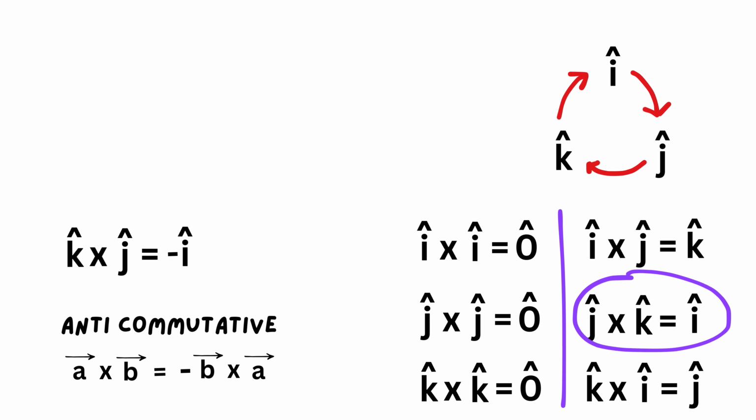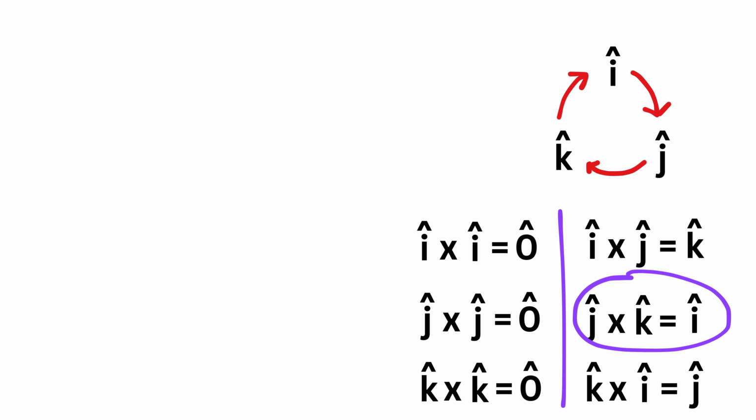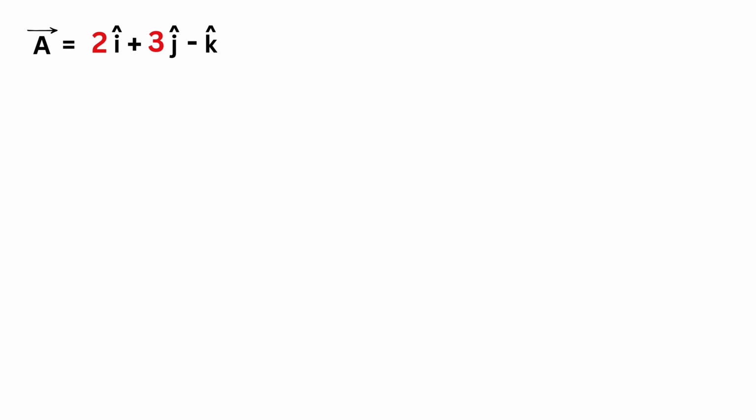You got the point. To find the cross product of two vectors, A and B, we need to take each component of A and cross it with the corresponding components of B. Let's say A is 2i hat plus 3j hat minus k hat, and B is i hat plus 2j hat minus 2k hat.